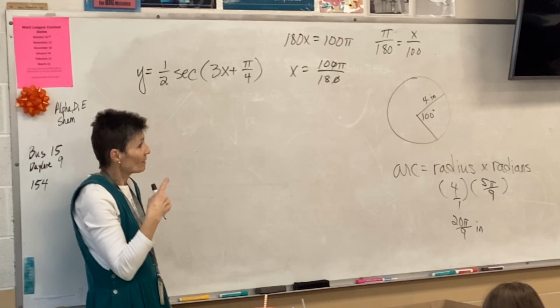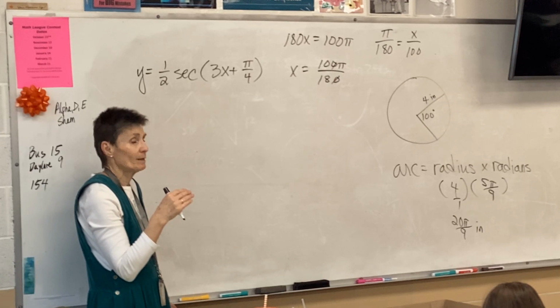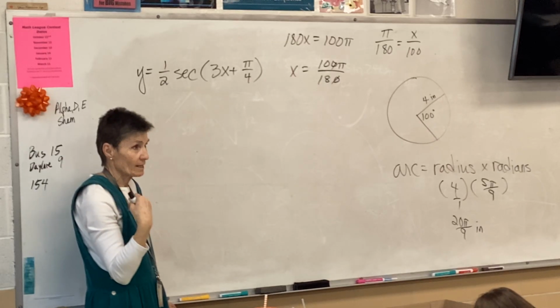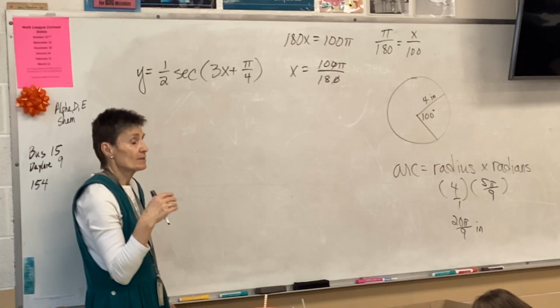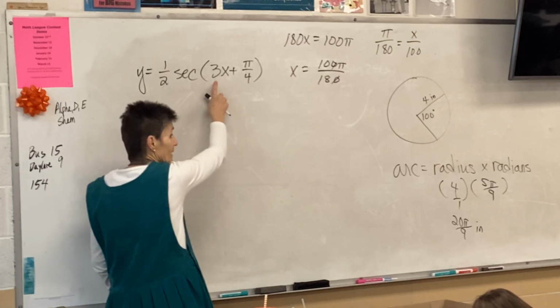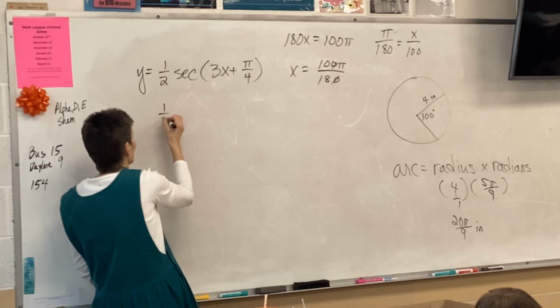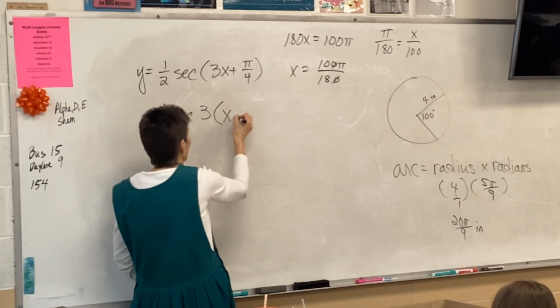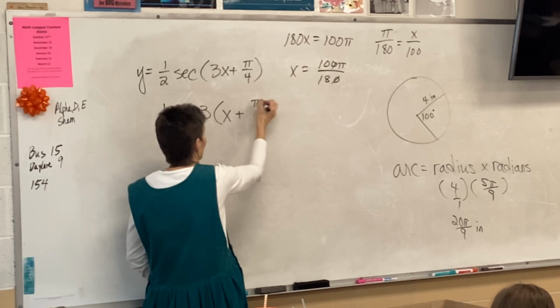One of them is I'm going to think of that not as a secant but as a cosine, because I know how to graph cosines. So I'm going to graph a cosine. The second thing I need to take care of is to pull out the 3. So 1/2 secant of 3 times x plus pi over 12.